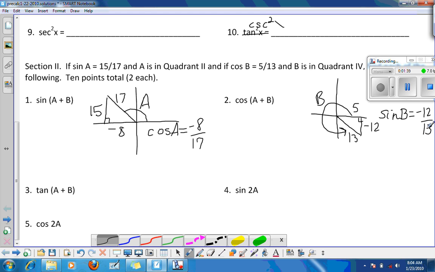Okay, from here we can just plug straight into the formulas that you wrote up in section 1. So the sine of A plus B is equal to the sine of A, which was 15 over 17, times the cosine of B, 5 over 13, plus cosine of A. Cosine of A was negative 8 over 17, times the sine of B, negative 12 over 13.